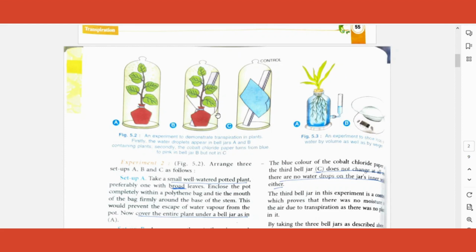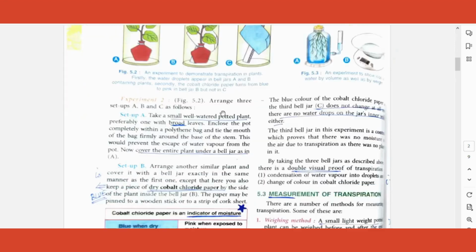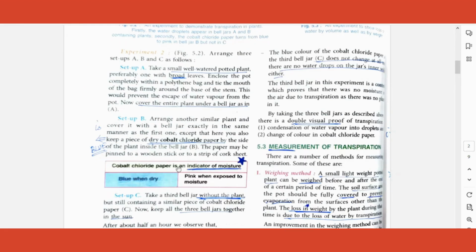So it is not checking transpiration, it is checking moisture. But in this experiment, we are using cobalt chloride paper to check transpiration. Please try to understand the difference. So when you get a question like this, cobalt chloride paper indicates moisture. Dry cobalt chloride paper is blue, and the one that you add water or moisture to will turn pink.